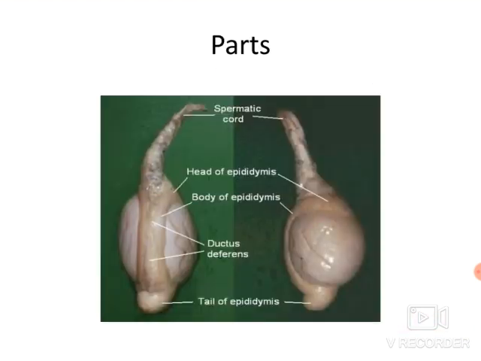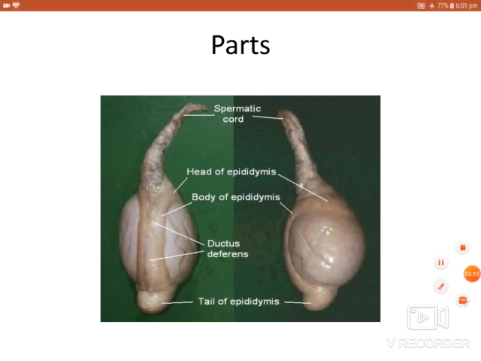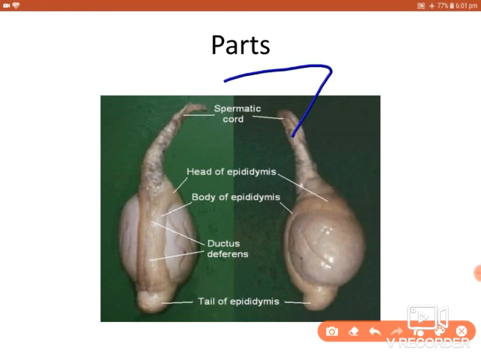In this figure you can see the testis clearly. This part is the spermatic cord. Here is the testis. It has two poles, an upper pole and a lower pole. The upper pole relates to the head of the epididymis, which continues as the body of the epididymis.